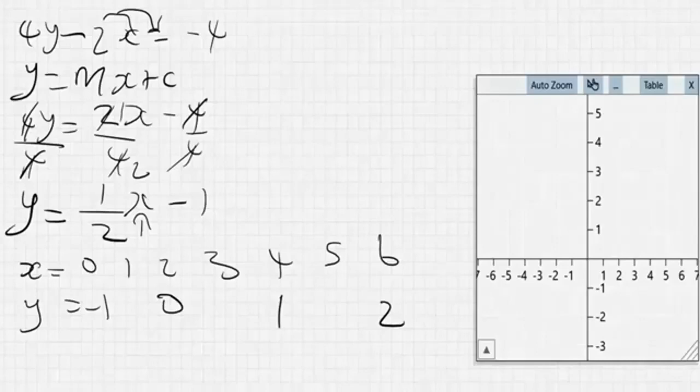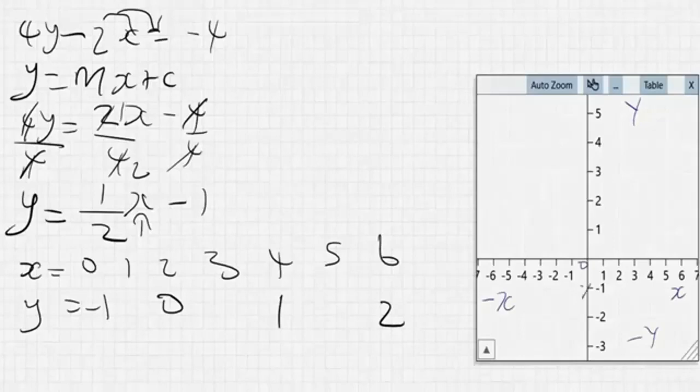Remember, this vertical axis is the y axis, whereas the horizontal axis is the x axis. This is the positive y axis, this is the negative y axis, this is the positive x axis, and this is the negative x axis. So when our x is 0, our y is -1.